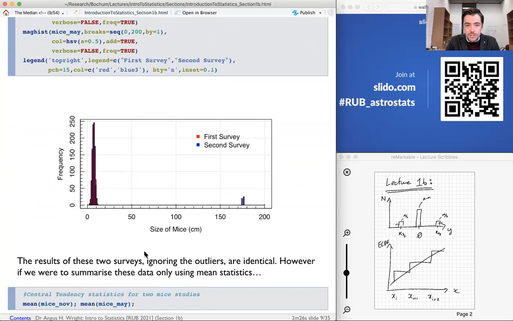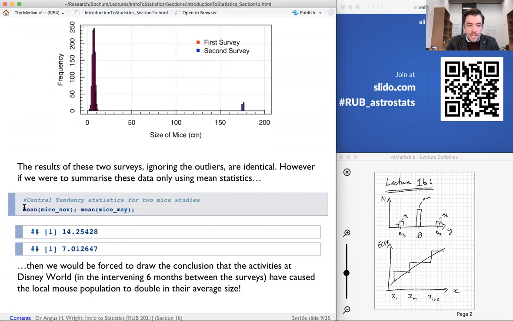If we ignore the presence of these outliers, the results of these two surveys are exactly the same. But if we calculate the mean of these two data sets, we find that the mean of the latter data set, as we saw already, was 14, and the mean of the May data set is 7.